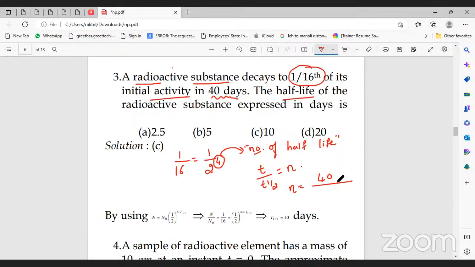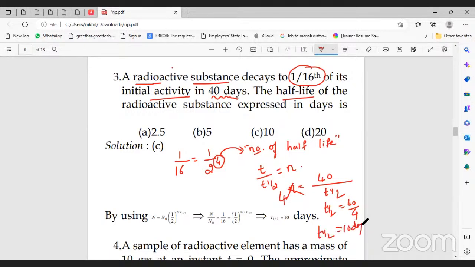The number of half-lives we have got is 4. So what is 40/4? 40/4 will be 10. So what is the half-life, students?